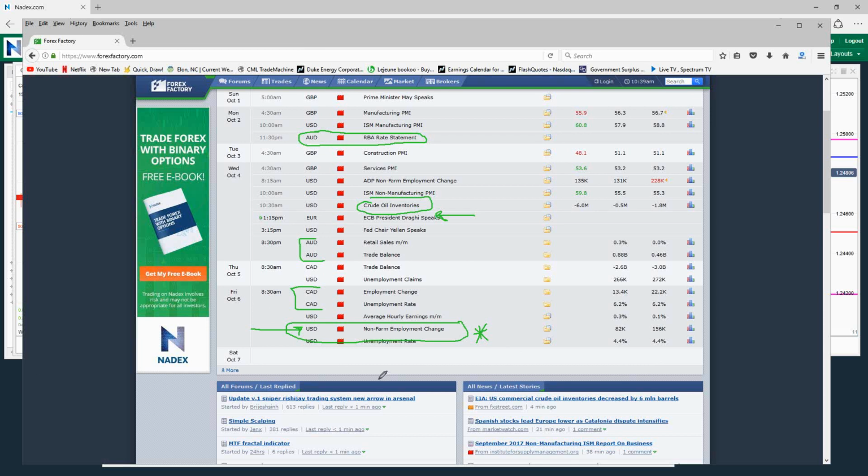USD JPY, gold, Aussie dollar, euro dollar, British pound dollar, the US Swiss franc, any other currencies that are USD based are going to move off of that market report typically, okay?